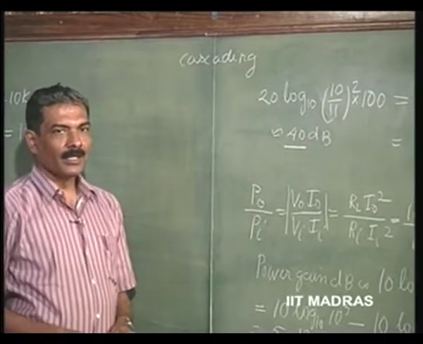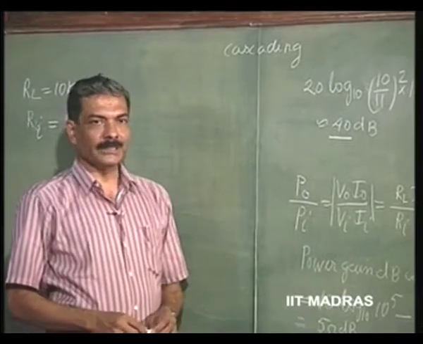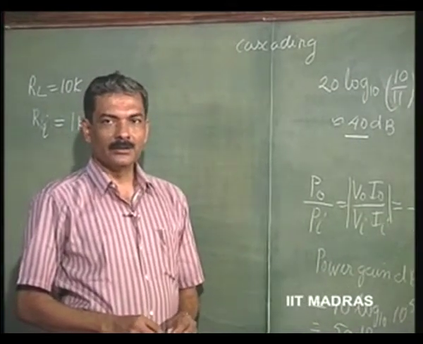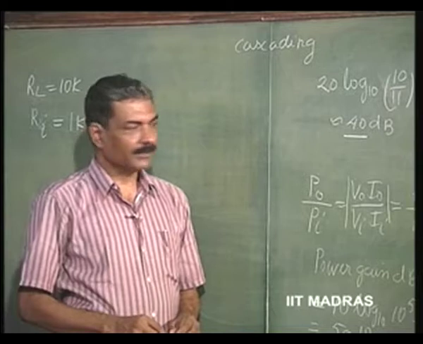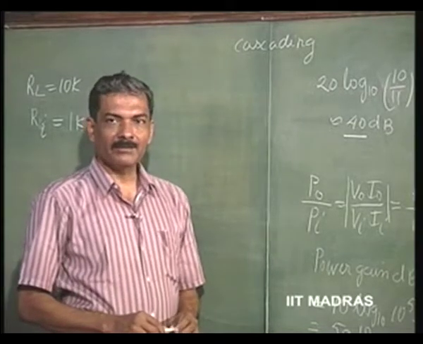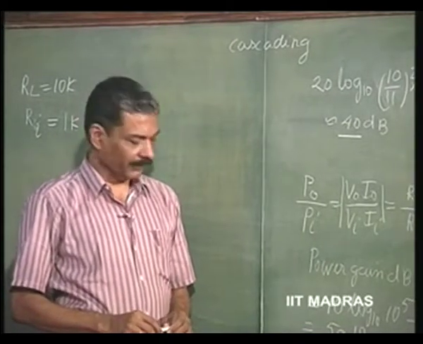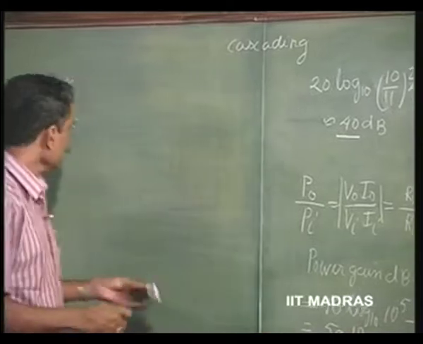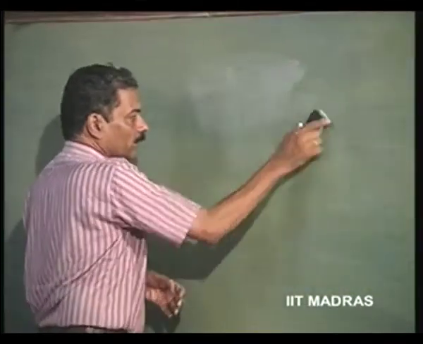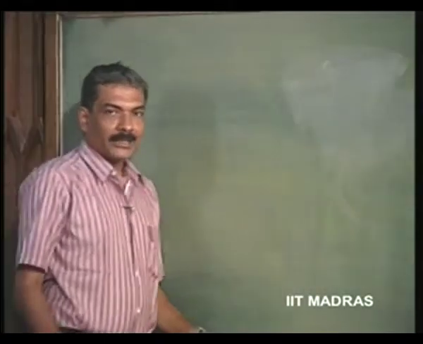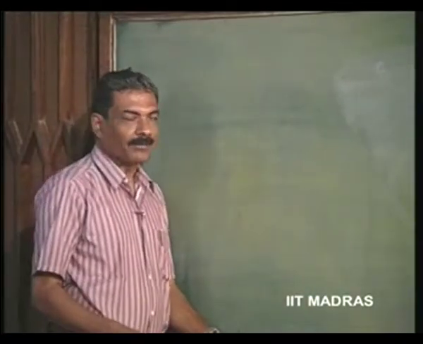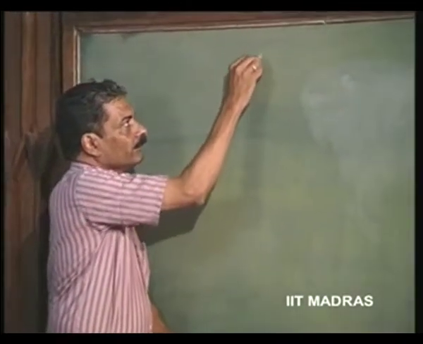Now, we have yet to finish our discussion on amplifiers, the types of amplifiers. We have just discussed voltage amplifiers and current amplifiers. We have to now discuss two other important ideal amplifiers.